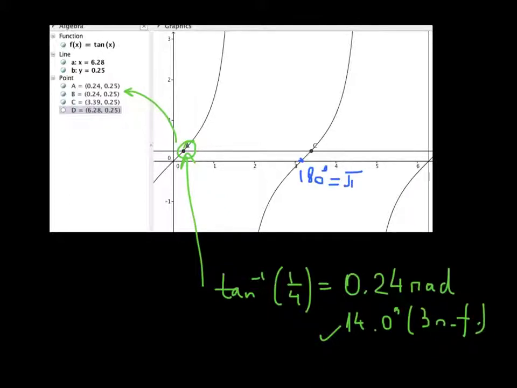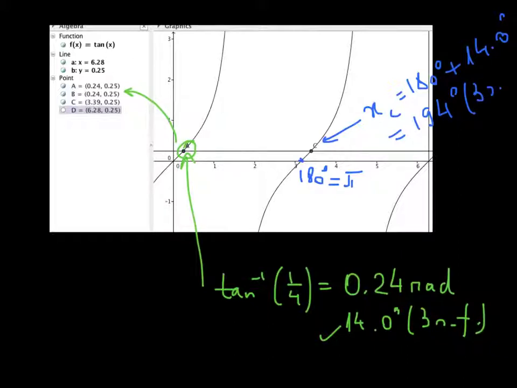That's why you see 3.14 there. So the next point here, C, has an x coordinate 180 degrees plus 14 degrees to 3 significant figures. So your second answer will be 194 degrees to 3 significant figures. And here are your 2 answers.